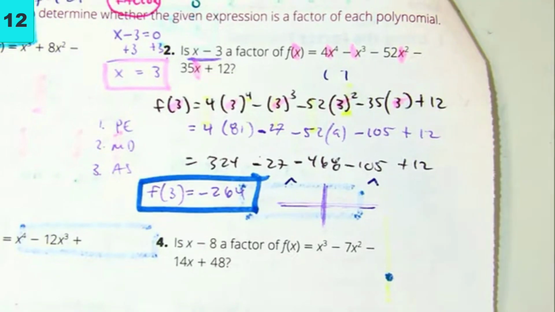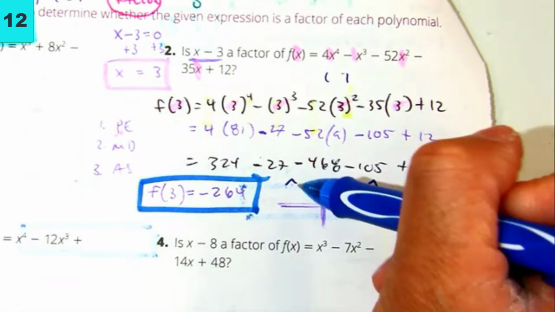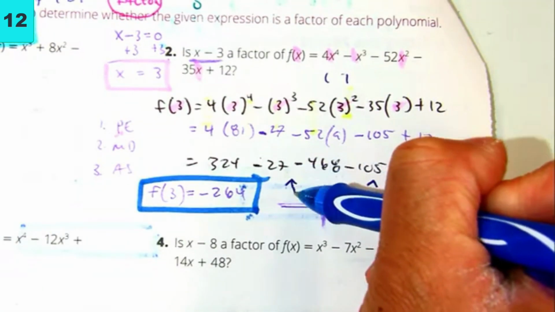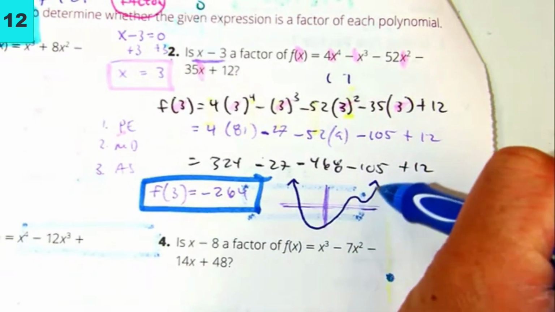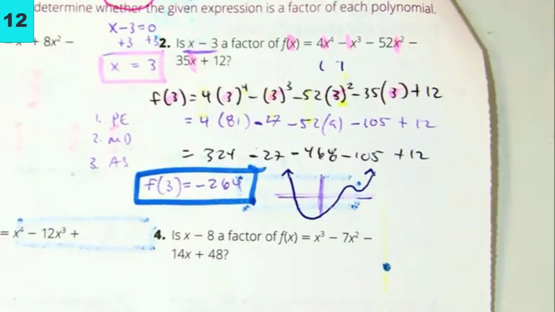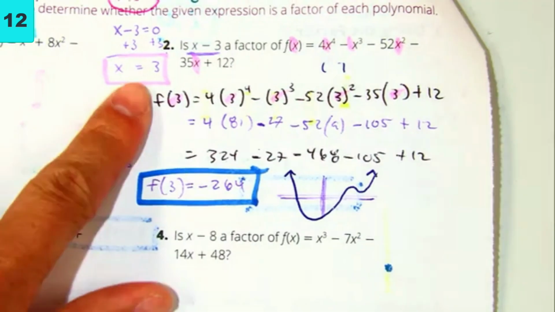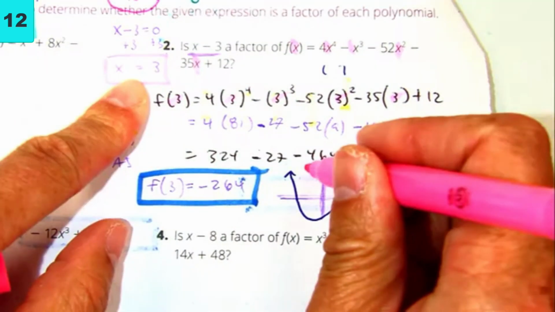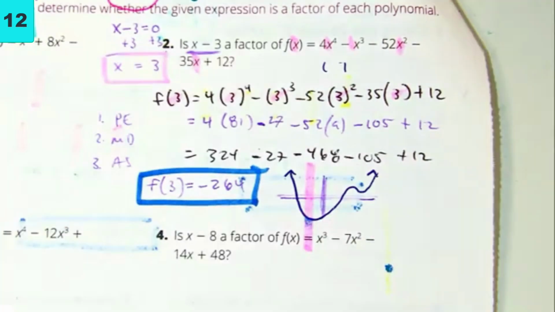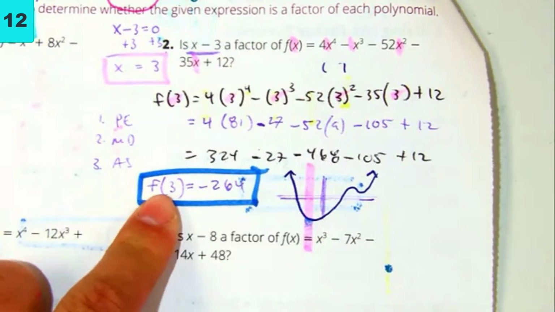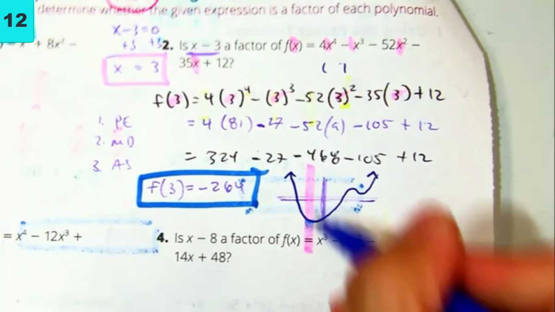So if I draw something, something like that, and then we've been working on x equals 3. This is my intersection. This is an ordered pair, 3, negative 264.